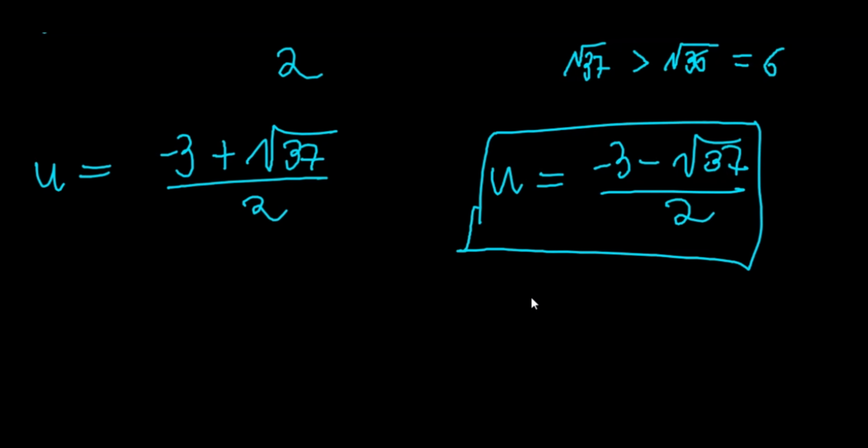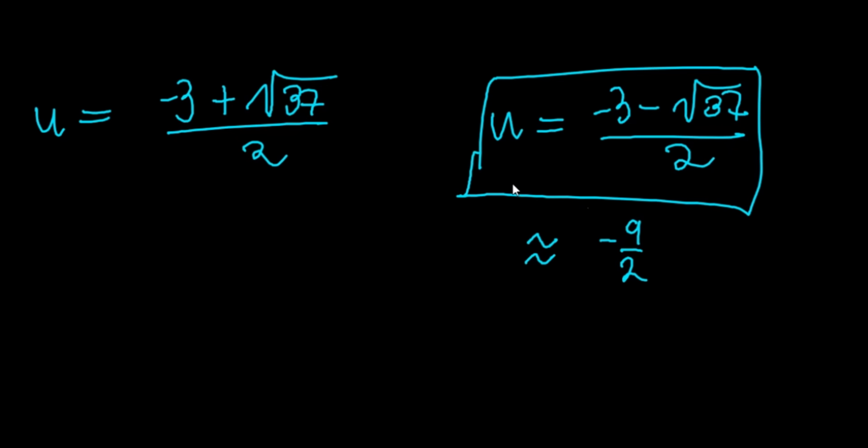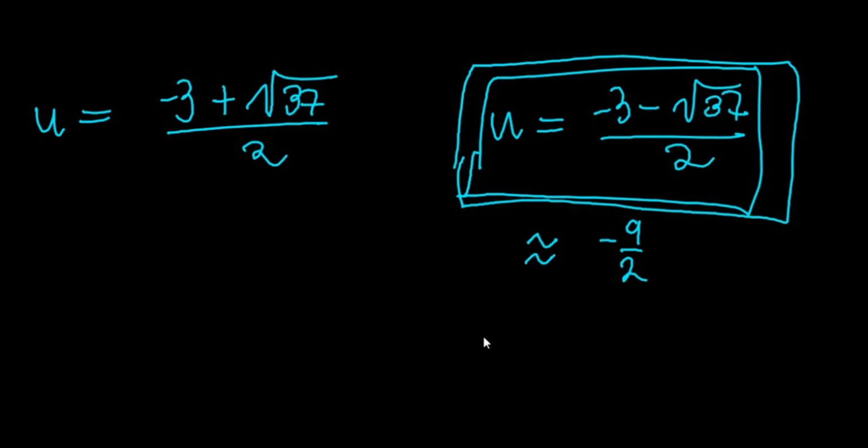So if we say negative 3 minus 6 over 2, this is negative 9 over 2. This is approximately equal to negative 9 over 2. So this root over here is a negative root. If we were to say that u is equal to this, then since u is equal to e to the t, we would be saying that e to the t is equal to negative 9 over 2.